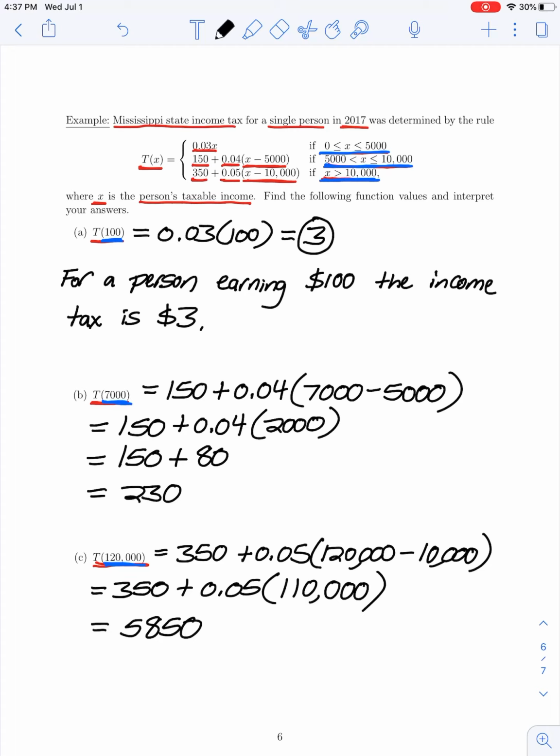So the interpretation of this would be for a person who is earning $120,000, their income tax would be $5,850.